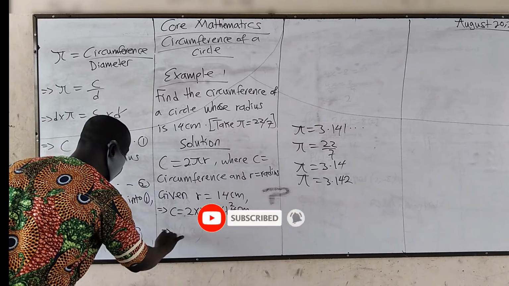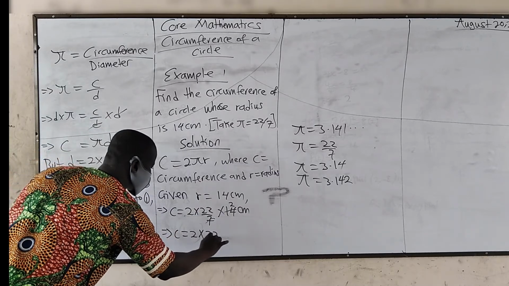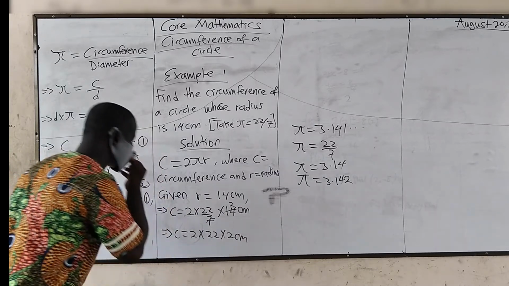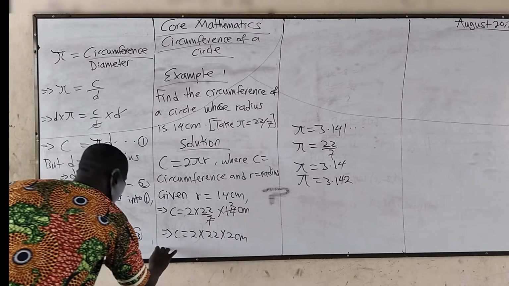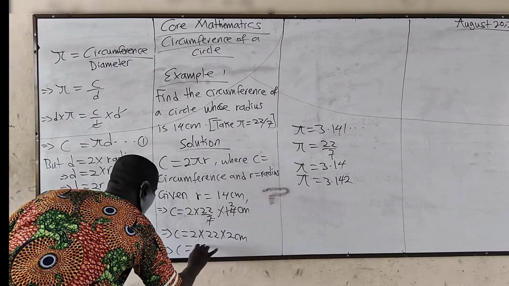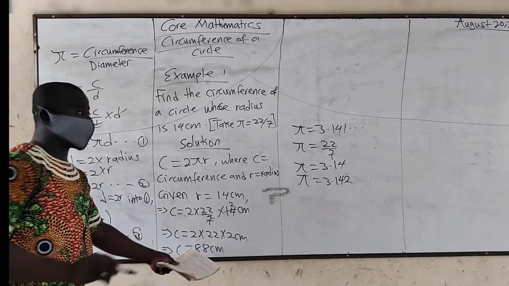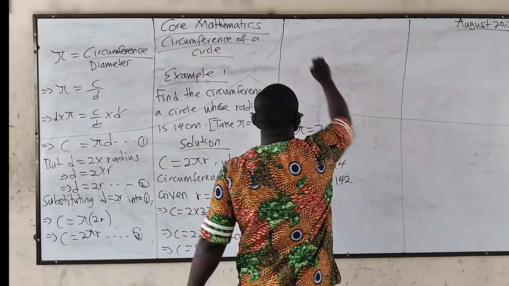So we now have 2 times 22 times 2 centimeters. Now, what do you get? 88. Alright, 88. Please, no square here, it's just length.